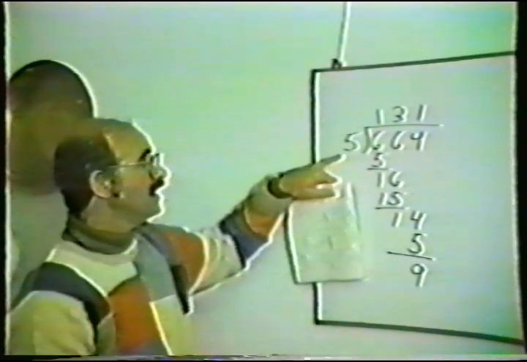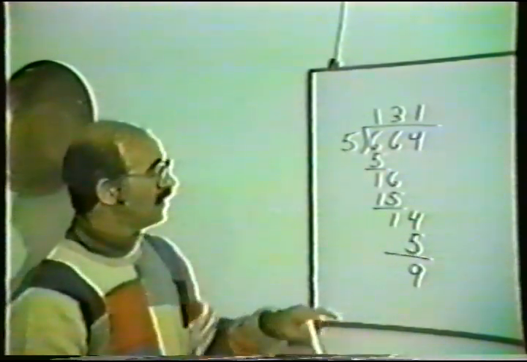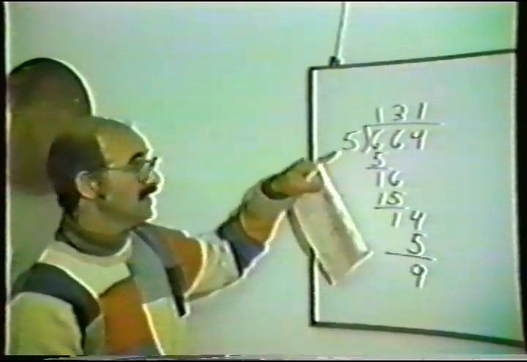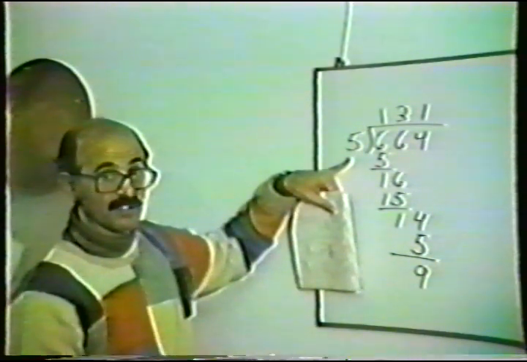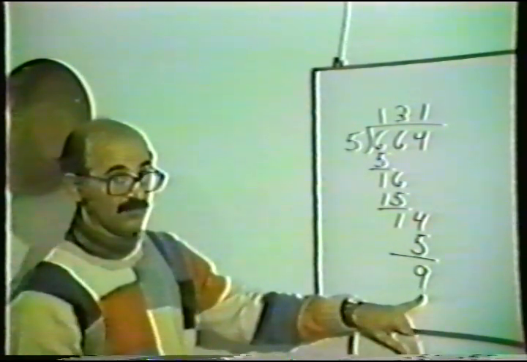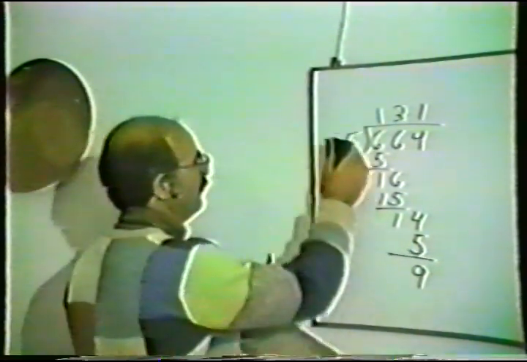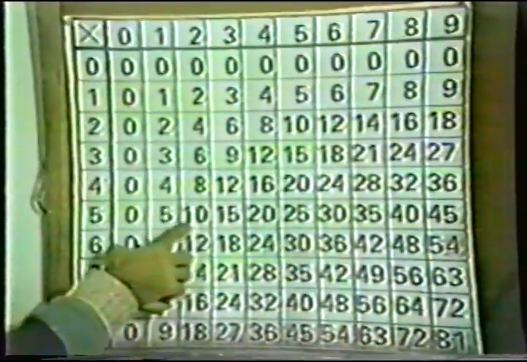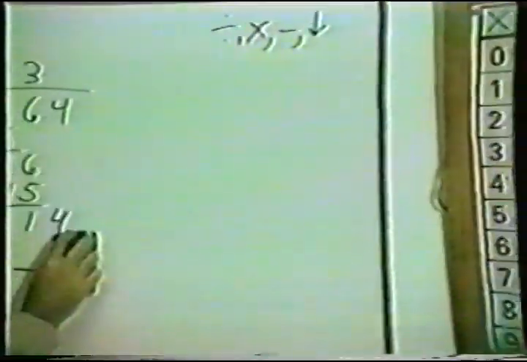We want to get as many 5s out of that 664 as we can get. So any time we subtract and we get a number that's not smaller than the number we're dividing by, we've made a mistake and have to go back. So when I see that 9, I say, uh-oh, I got a problem. So I look at it again, and I say, well, 5 into 14. Oh, I should have used a 10. It goes 2 times.